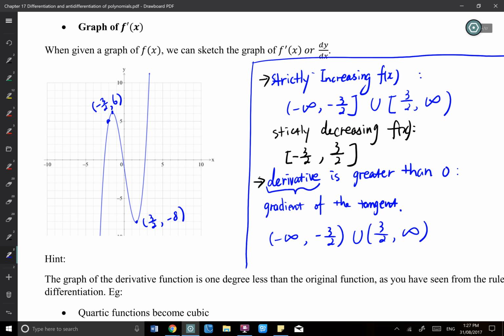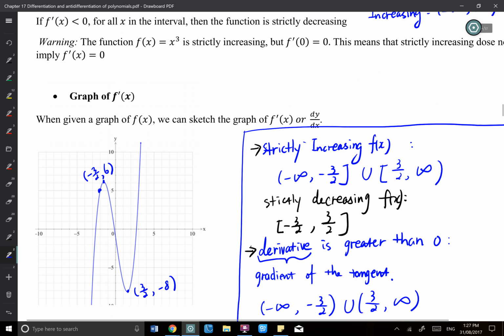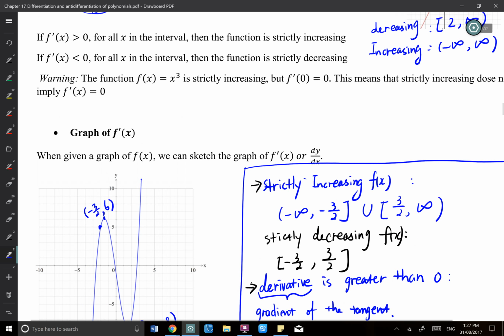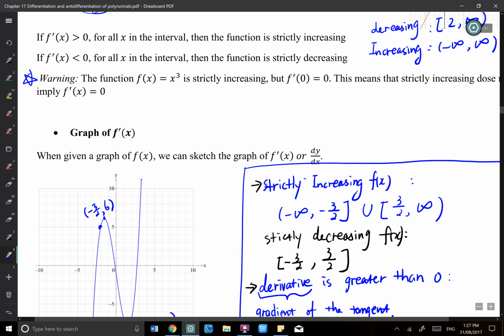Okay, next thing I want to say is a little bit confusing. Okay, it's this line here, the warning line here. I'll just write this down for you.